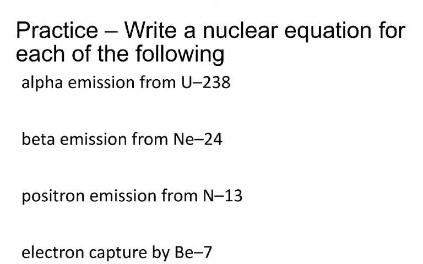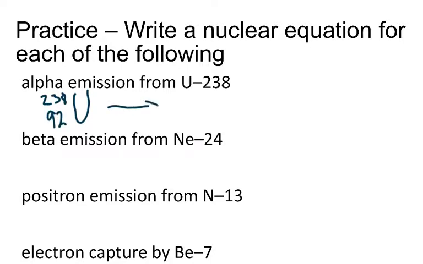So here's some practice. I would recommend pausing, and then you can check your answers. Write a nuclear equation for each of the following. Alpha emission from uranium-238. So uranium-238 is going to be 238 on the top. Symbol for uranium is a U. Uranium is element number 92.